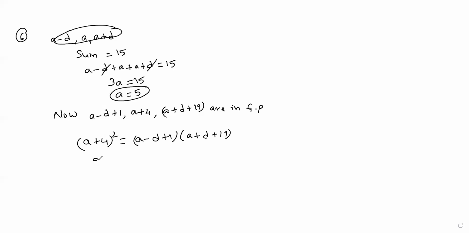Now 5 plus 4, that is 9 square. Here a value 5, 5 plus 1, 6 minus d into next, a value 5 plus 19, that is 24 plus d.